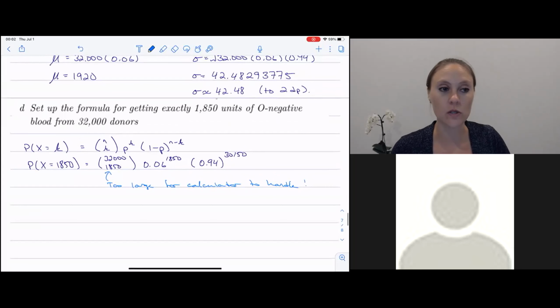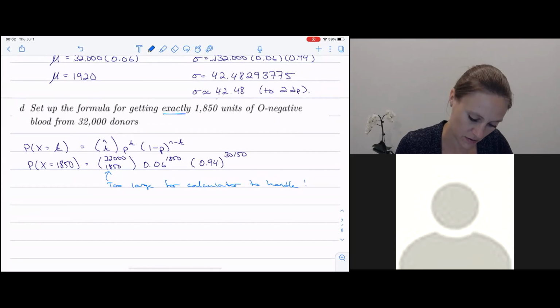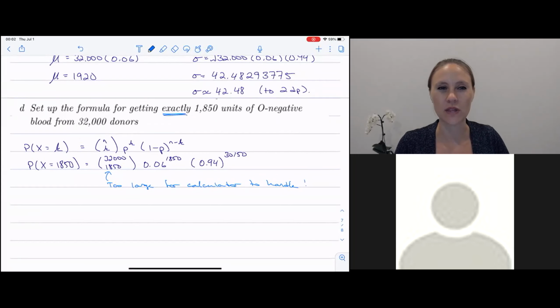But that's okay. That's what you would do, but that's for exactly 1850. Okay. So then if you wanted to know the probability of 1850 or more, well, then you'd have to do 1850 just like this, plus this with 1851, plus this with 1852, and so on and so forth, all the way up to 32,000.